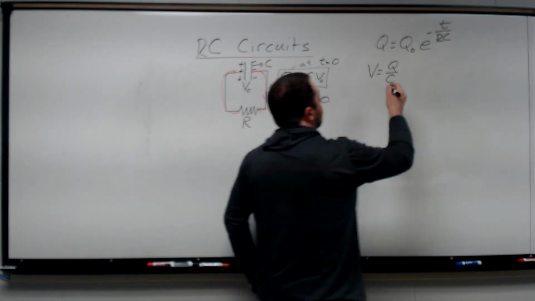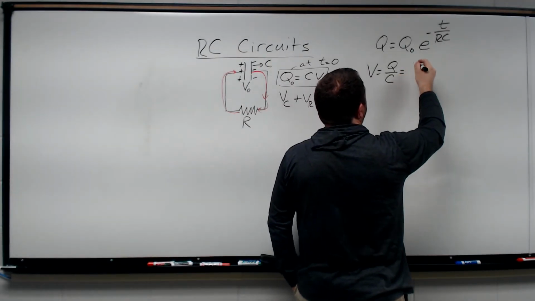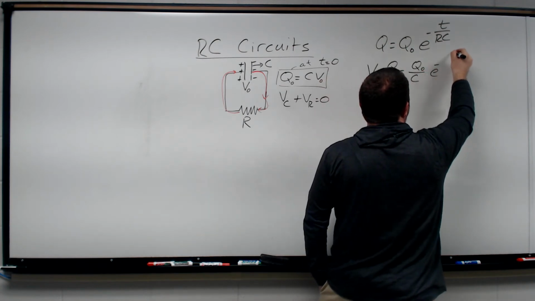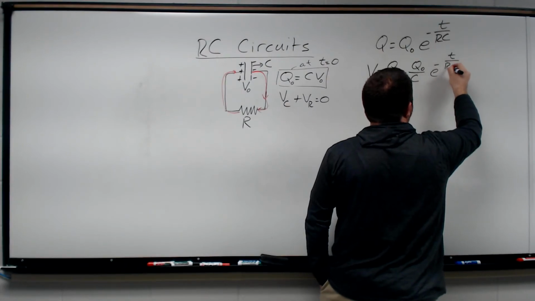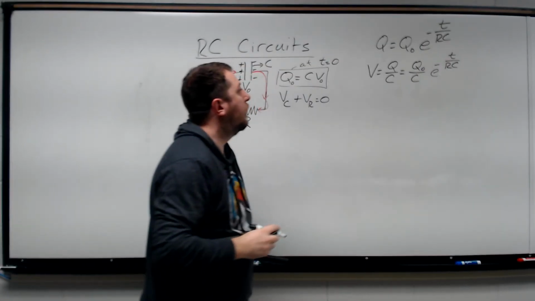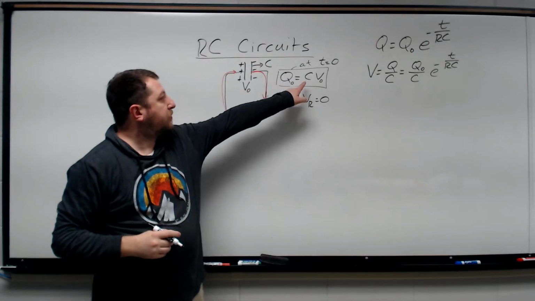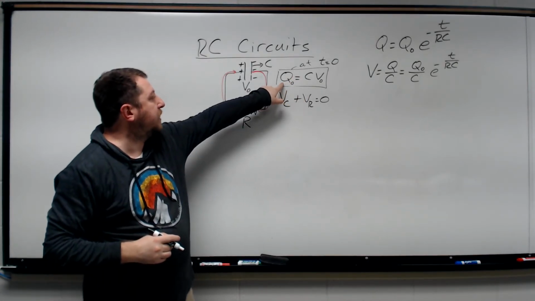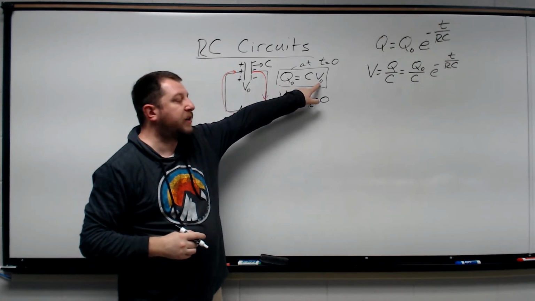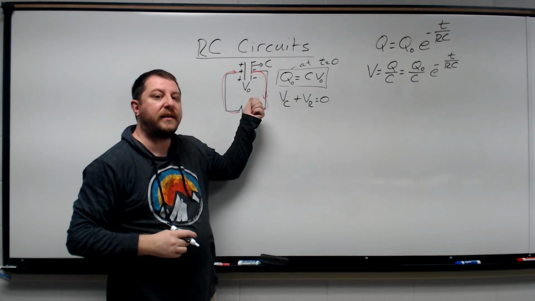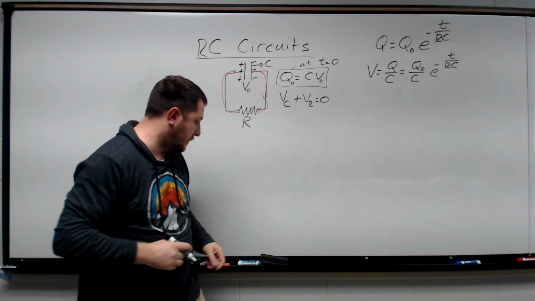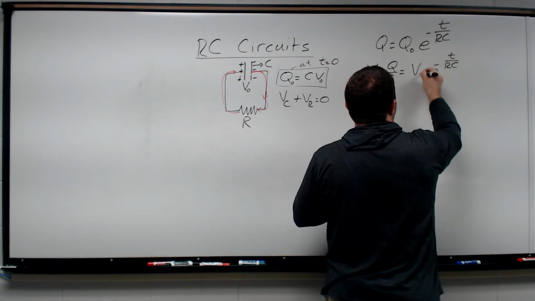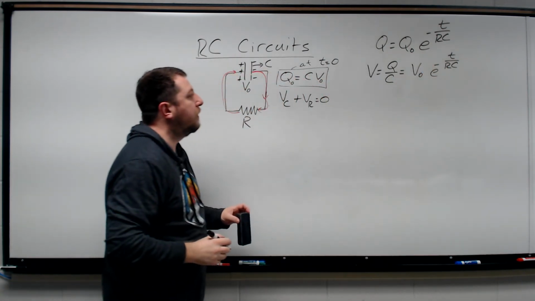And so this is going to be equal to Q naught over C times e to the negative t over RC. But from this relationship, if I divide both sides by C, Q naught over C is just equal to the initial voltage that the capacitor was charged to. So V is going to be equal to V naught e to the negative t over RC.